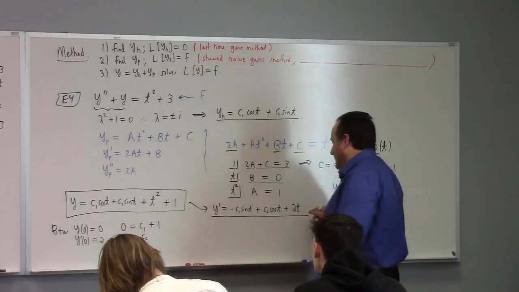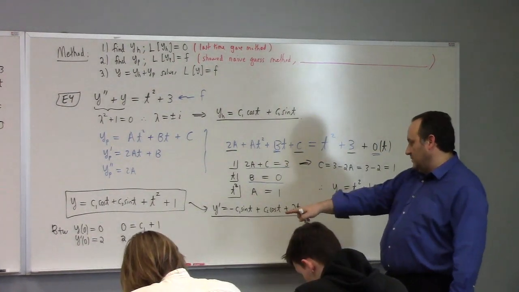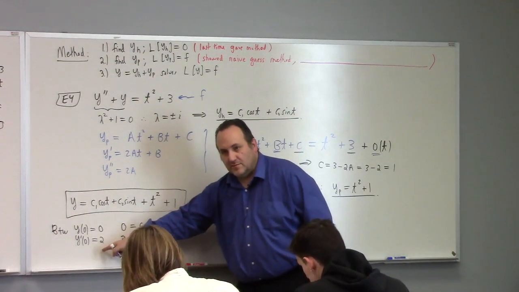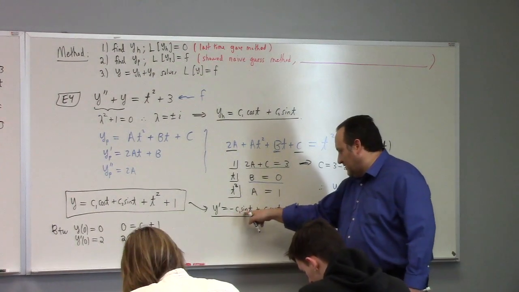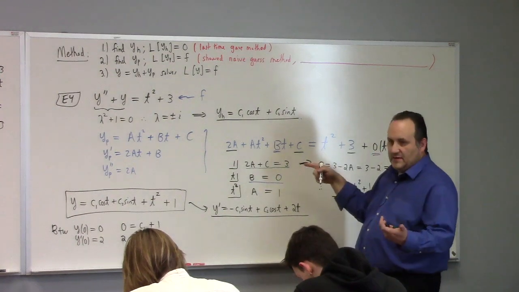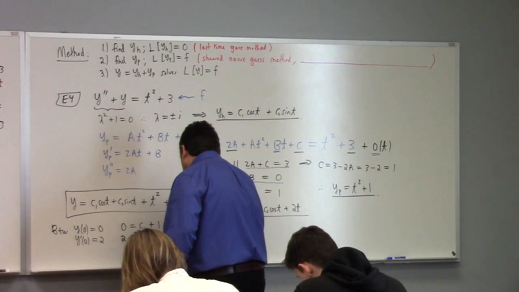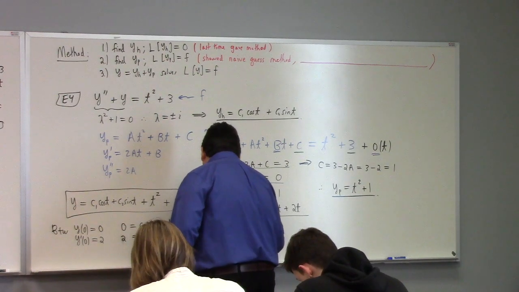This is y prime. Plug t equals 0 into that, we get what? We get C2. So you guys told me that this was given to me by the audience, 2. So 2 is equal to plug in 0. Sine of 0 is 0, cosine of 0 is 1, so I get C2 plus nothing. So apparently, these give us that C1 is minus 1, and C2 is equal to 2.